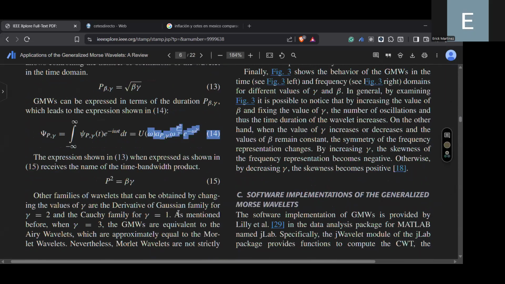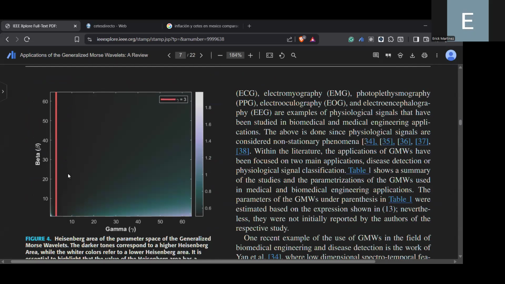And what else? Well, in this section, what we're basically expressing is that we are changing the value of gamma and beta, and we are representing through this color scale how the Heisenberg area is changing.